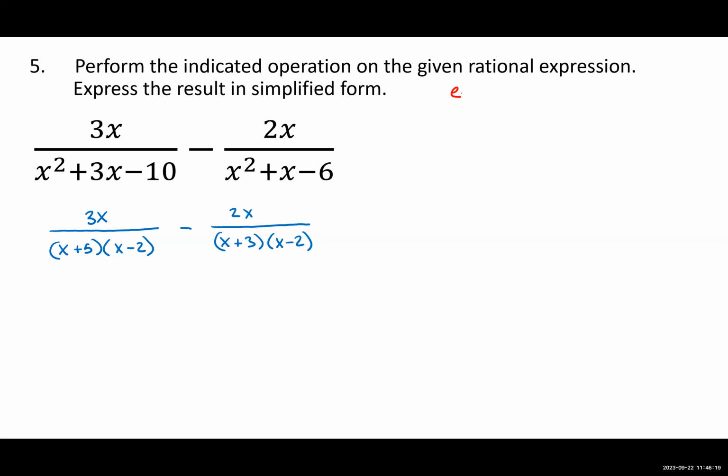So let me give you an example, just like before, relating this problem back to something a little bit more basic, no variables.